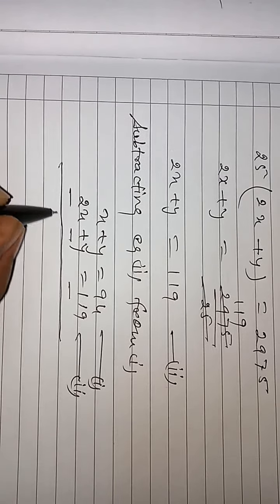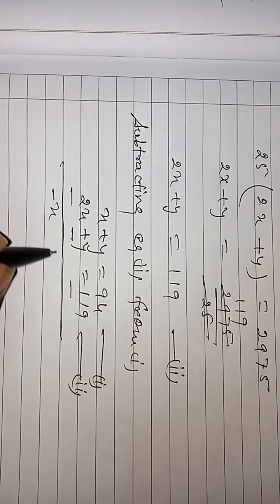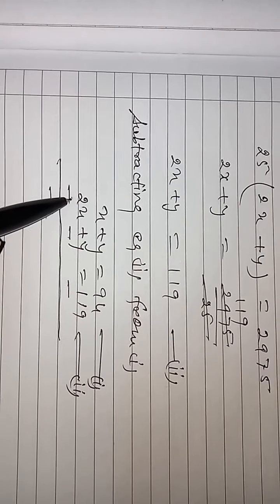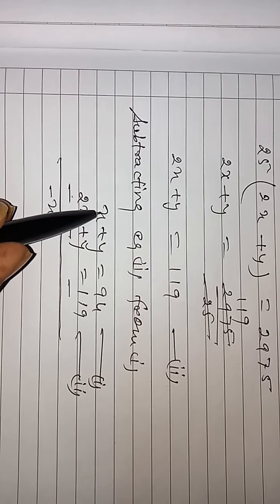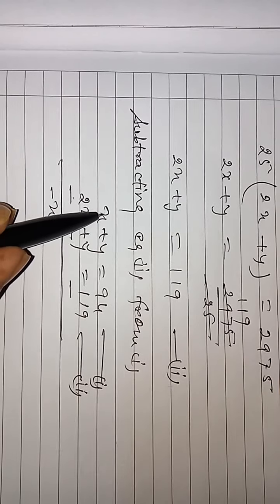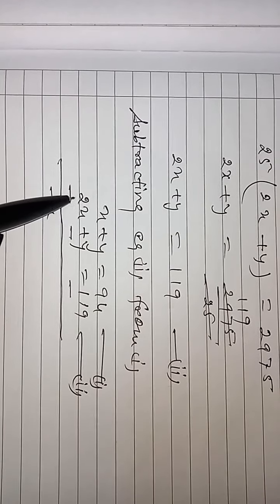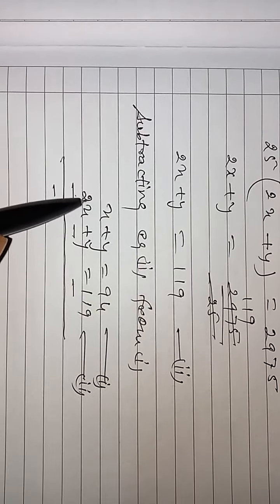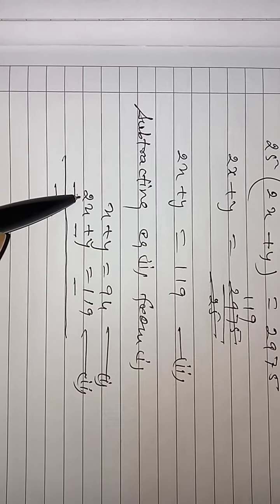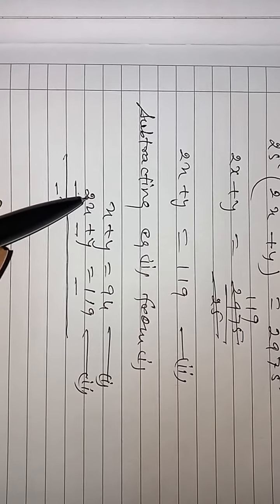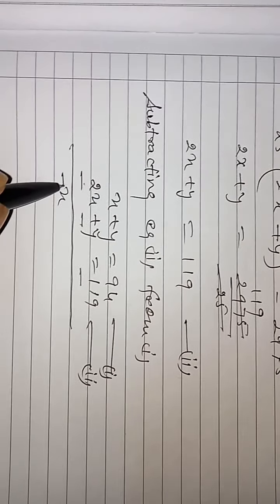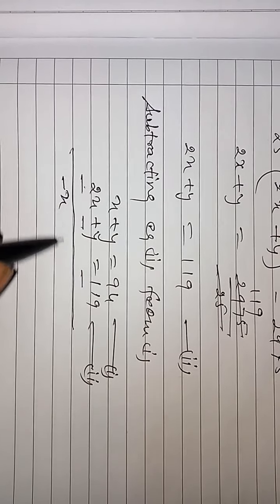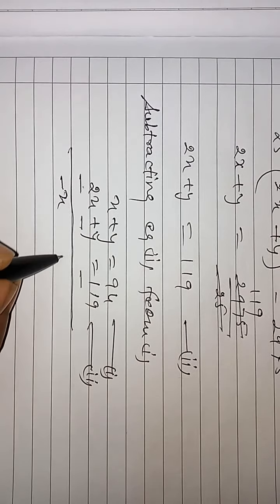So it becomes minus x, because this is a negative number and this is a positive number. The coefficient of x is 1 and the coefficient of minus 2x is minus 2. The absolute value of minus 2 is greater than the absolute value of 1, so the sign will be negative. Subtracting 1 from 2 we get 1, so minus x; y cancelled.